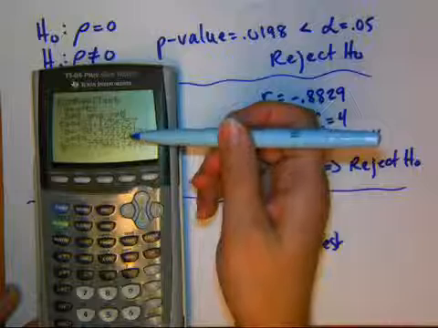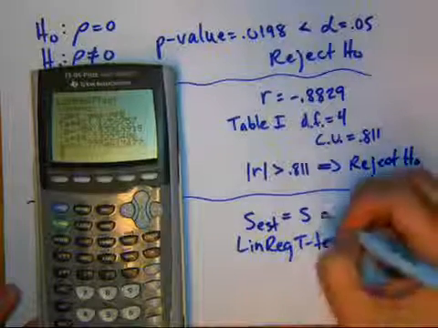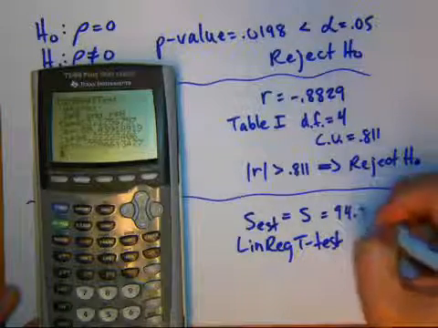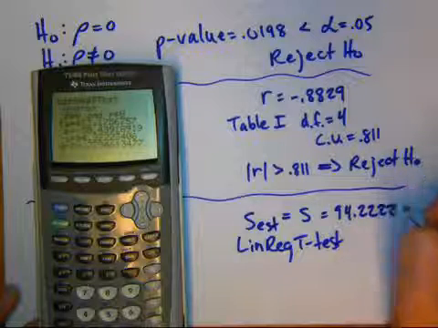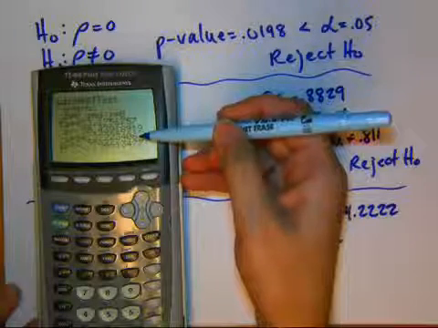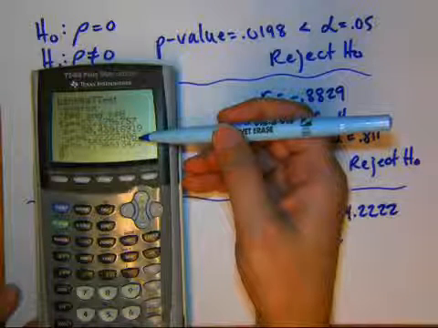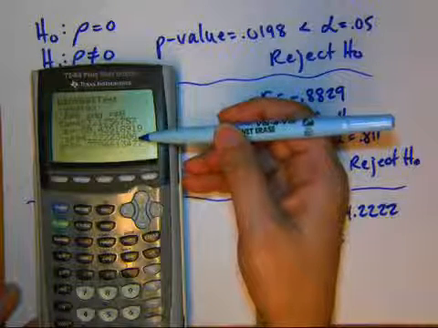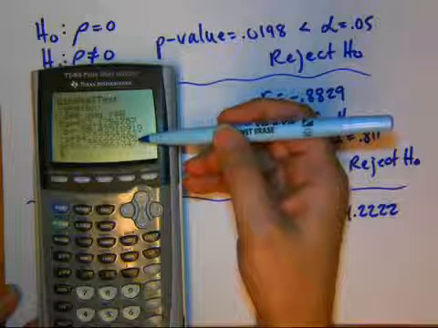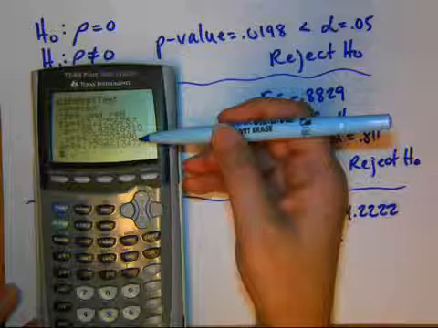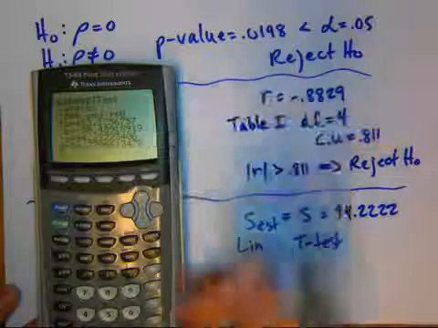It's quite large, 94.2222. That's the standard deviation of the residuals, it's called. So the standard deviation in terms of the units of y, our dollar amount, is pretty high. So we'll probably get a very wide margin of error when we're done.